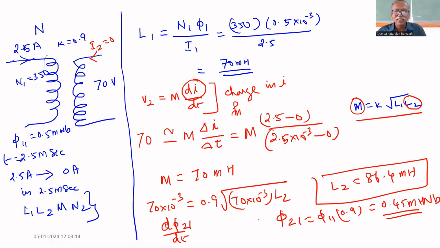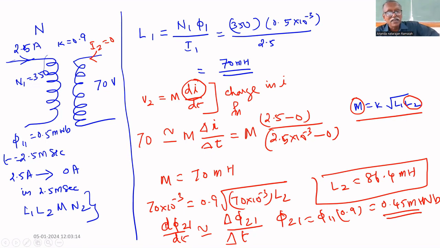That's why d phi 21 by dt is approximately equal to delta phi 21 divided by delta t. We have to write it like this, then only it is true. You cannot substitute d phi 21 equal to this value, because we are considering a large change. Mathematically, it is a negligible time.